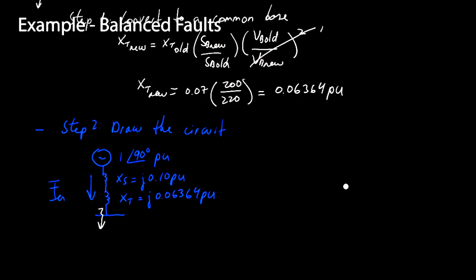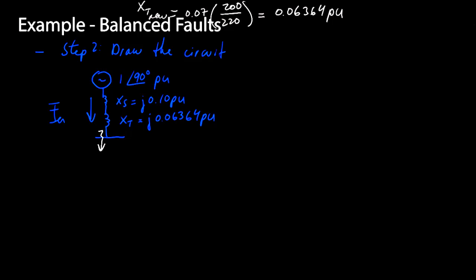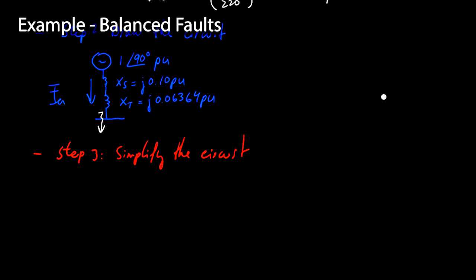So step 3 then, let me move this up a little bit more. And let's switch colors again. So step 3 was simplify the circuit. Now in this case, this is a pretty simple circuit. But again, just to follow the steps, let's go ahead and simplify it. So we're going to have the source, so 1 at 90 degrees.